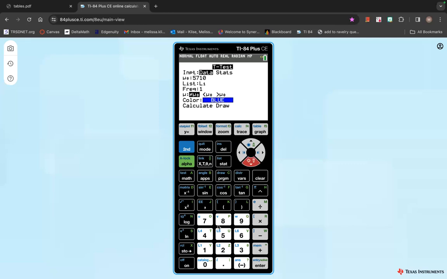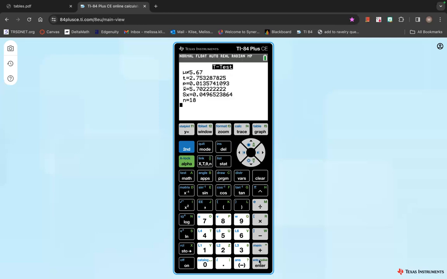Our population mean, we have to add that in because it does not know our population mean. It only knows the mean of what is in our L1. So make sure your list says L1, frequency is just 1, and then you're using the not equal to. Go down to calculate.